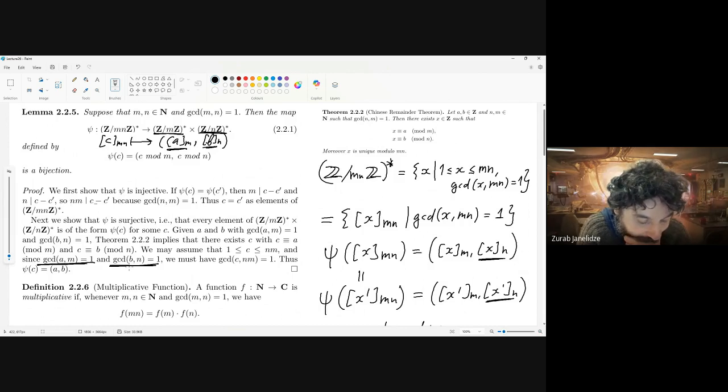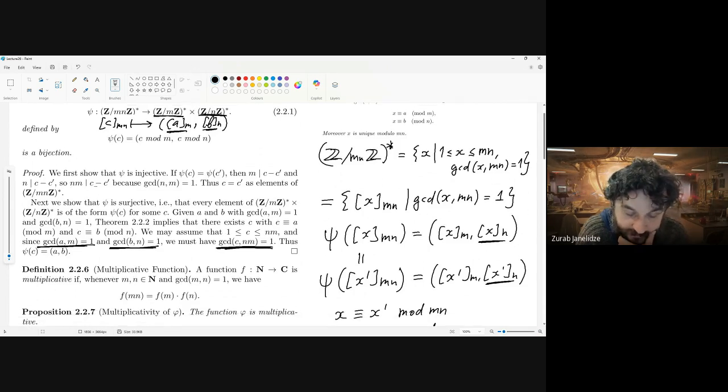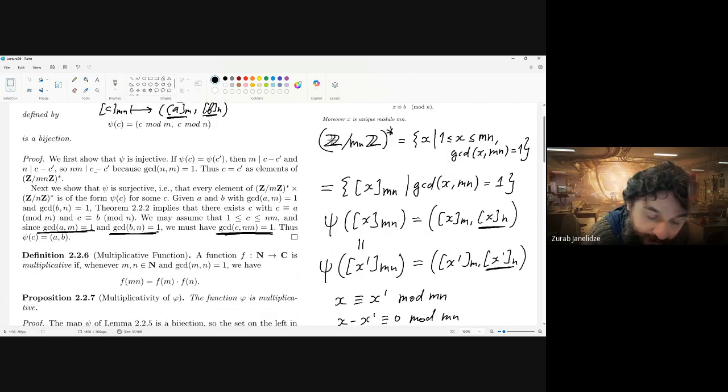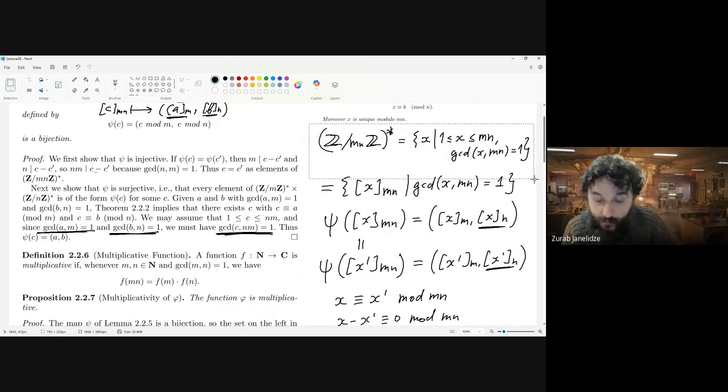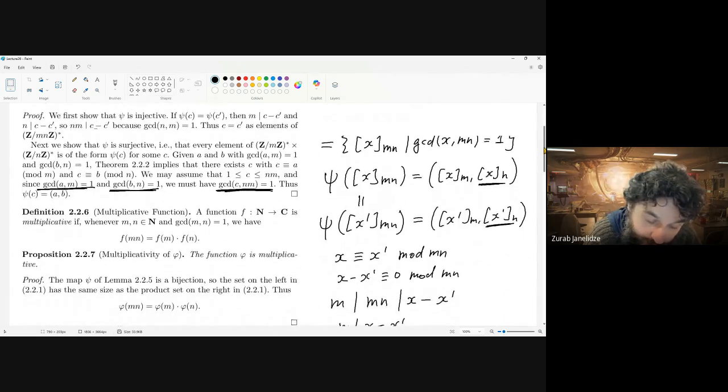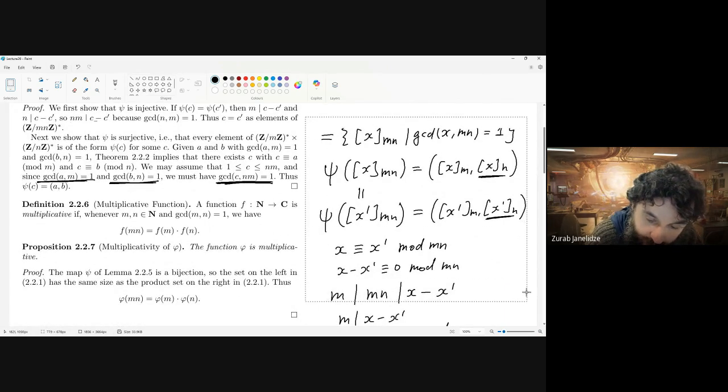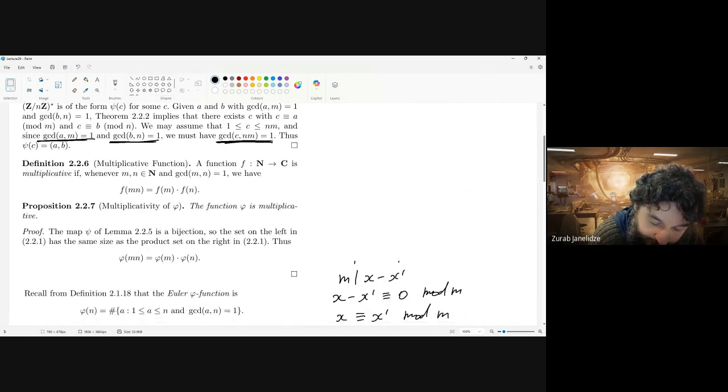Right? Why would that imply that GCD of C and MN is 1 as well? Let's unpack that one. So let me clear the space here so we can unpack that as well.